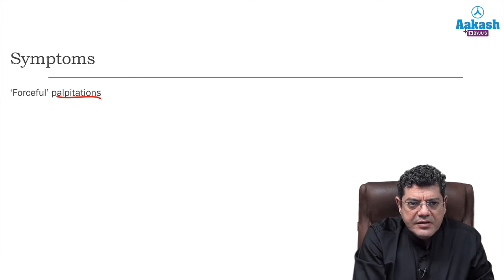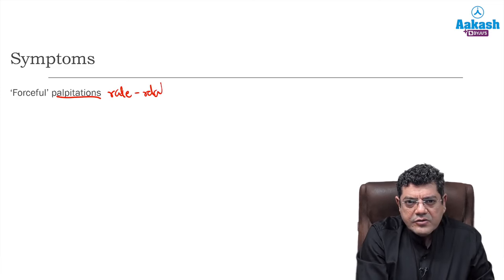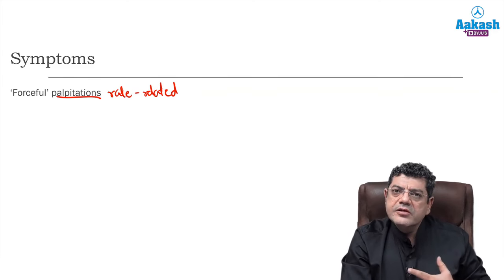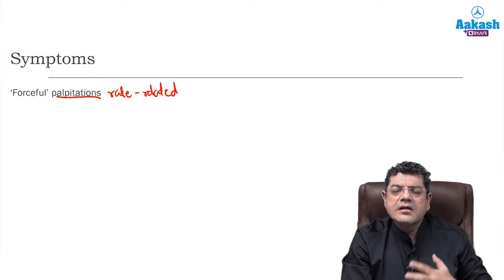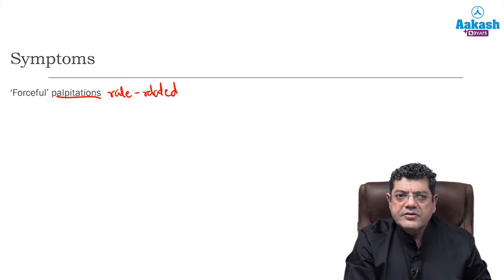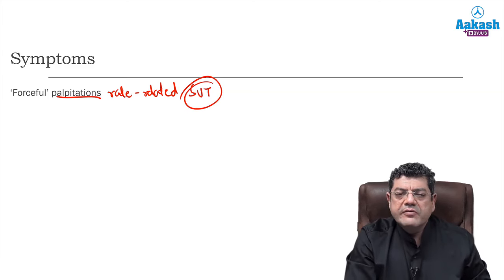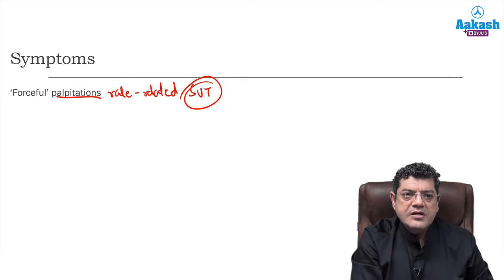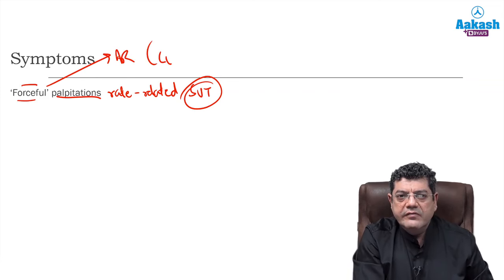Palpitations can be either rate related. So your patient comes and says, my heart is beating like it's nobody's business. Doctor, doctor, doctor. Those are rate related palpitations, as occurs in a supraventricular tachycardia. Or they can be forceful palpitations, as occurs in patients with AR, where the LV has both volume and pressure overload.